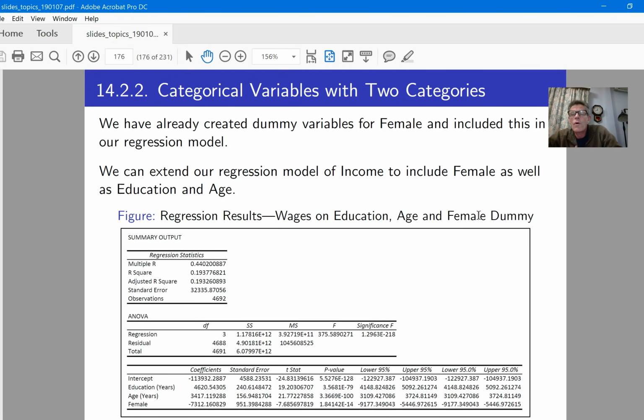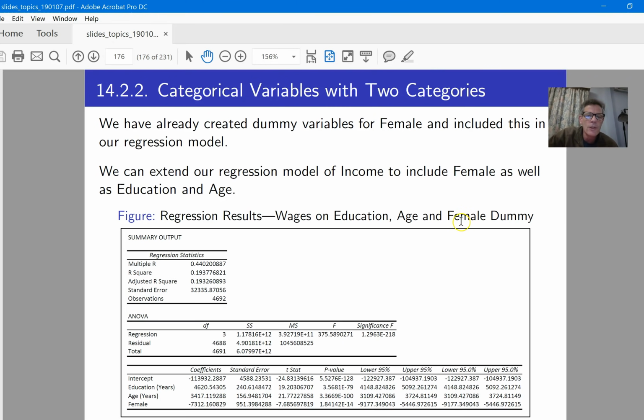There's a widely held view that women tend to earn less than men on average, even if they're doing similar kinds of work, for a whole lot of reasons, partly historical discrimination. So it'd be great to be able to throw in some kind of measure here of the difference between incomes of women and men, and see if we indeed confirm with this data that women are actually earning less.